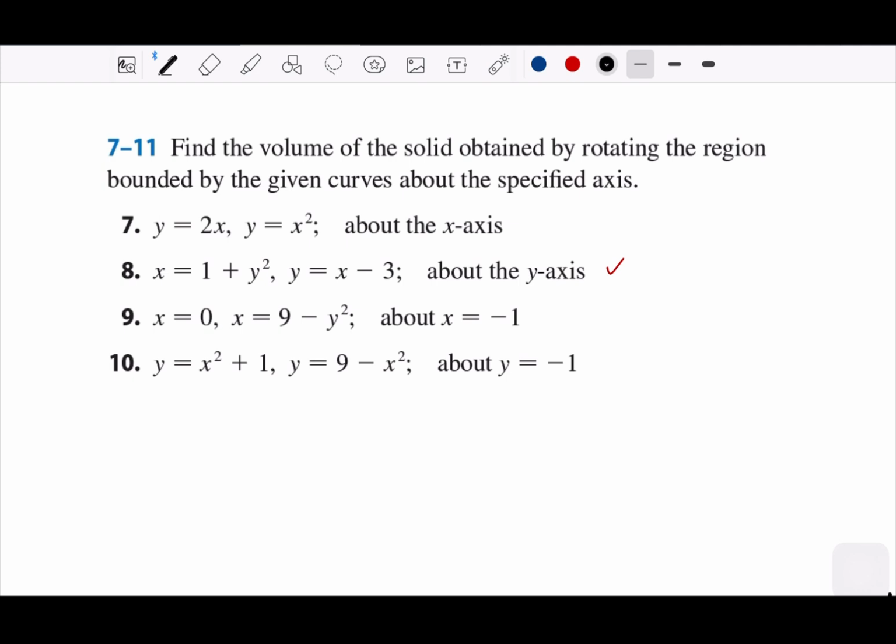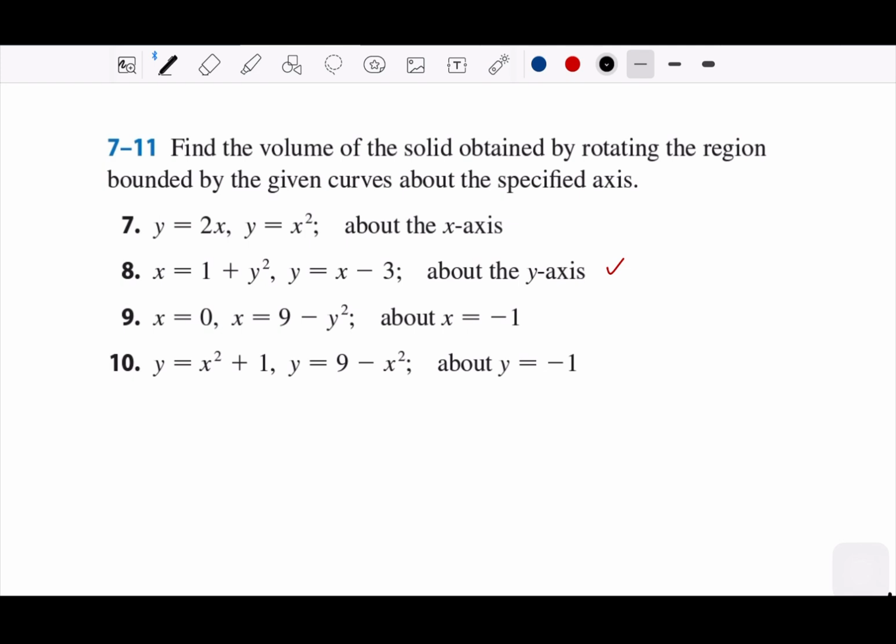So whenever you have a curve, it means the curve is probably the boundary for the region. And the last part here is the axis of the rotation. So the region will be rotated through the x-axis, y-axis, and other examples as well.